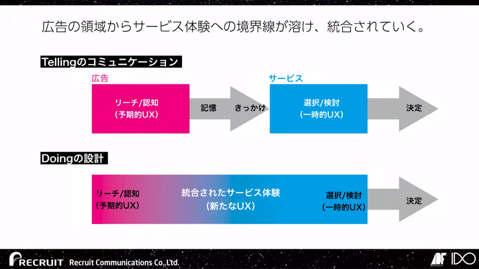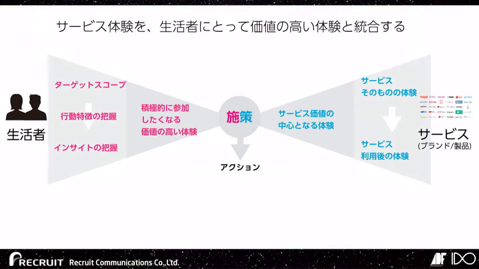And moreover, the experience of advertisement is decreasing, and also the service itself is something you can experience. So how can we make something like that? We have to know the target, and we need to know the scope, and we have to provide experience which has a good value for them, and then we can provide somewhere that they can connect to each other, and then action can be made after that.